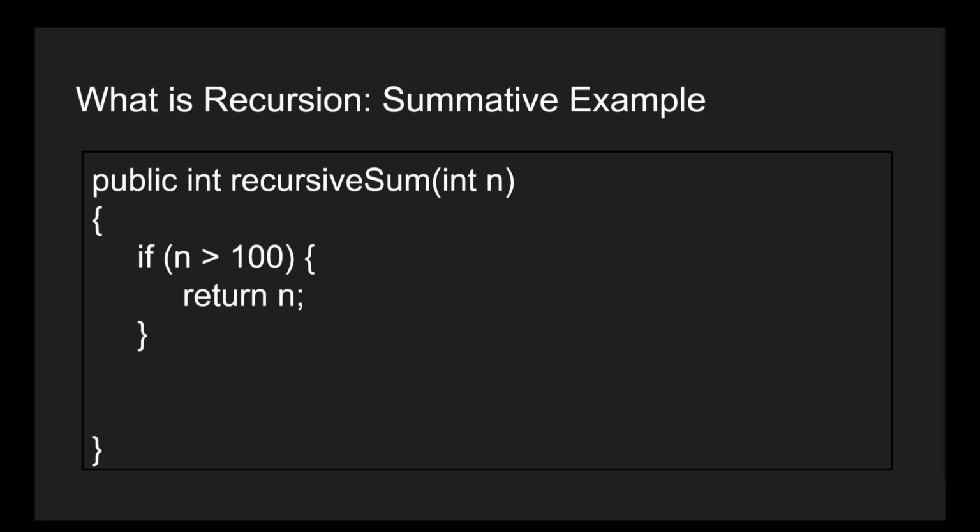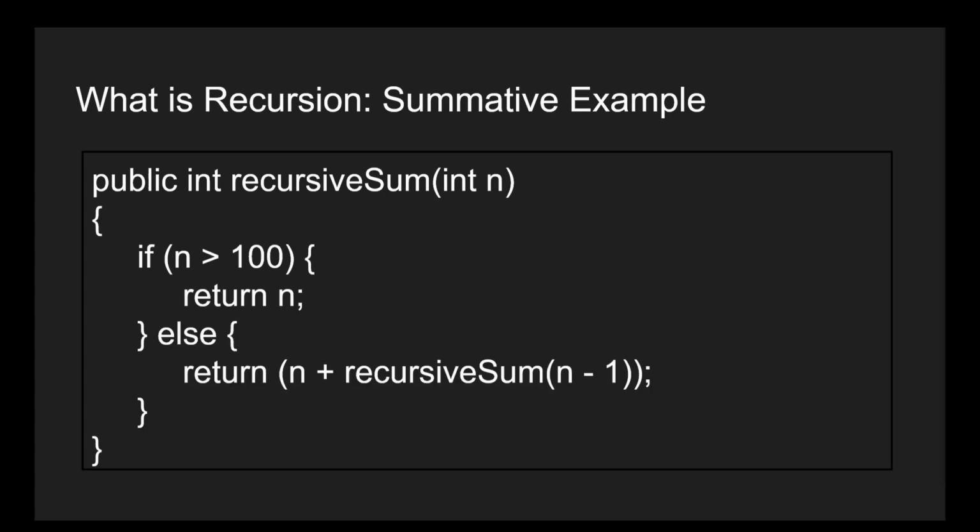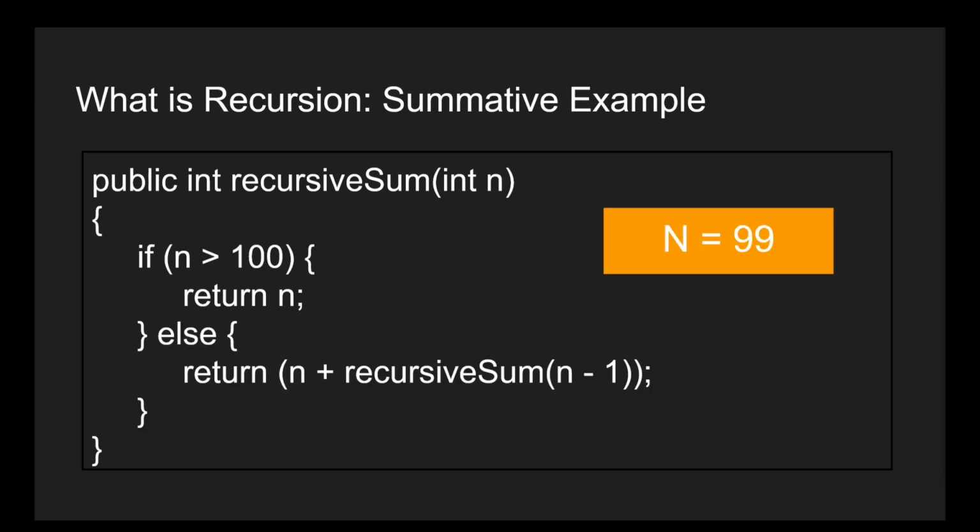For example, if our base case was to stop calling the recursive function when n was greater than 100, and if it is not, we call the function again, but with n minus 1, and we started with n as 99, we will never reach the base case. The recursive function will repeatedly call itself over and over again, subtracting 1 from n and hoping that somehow it will eventually be greater than 100 until your computer crashes.